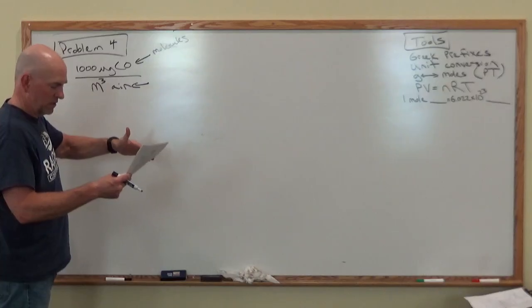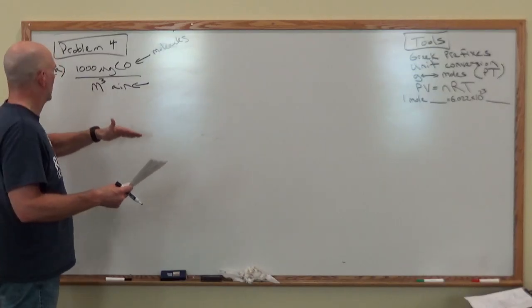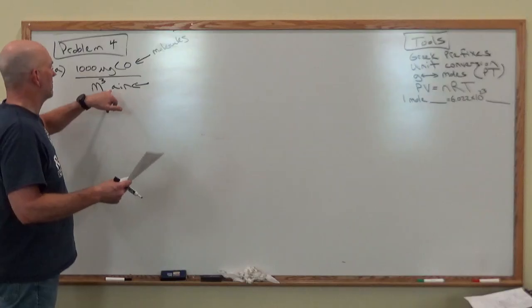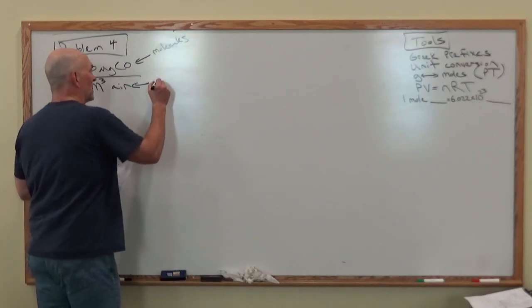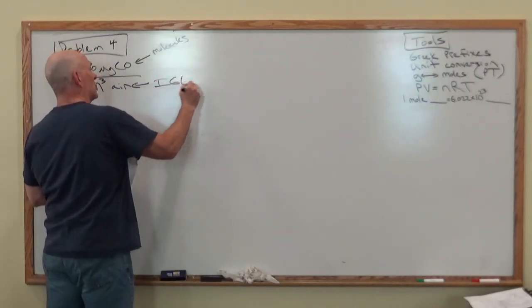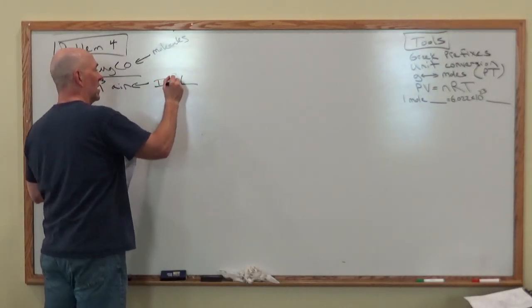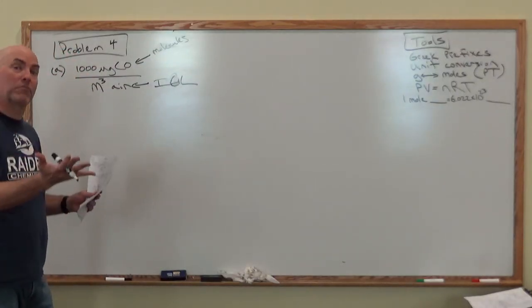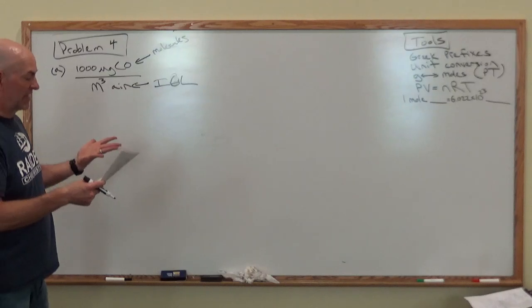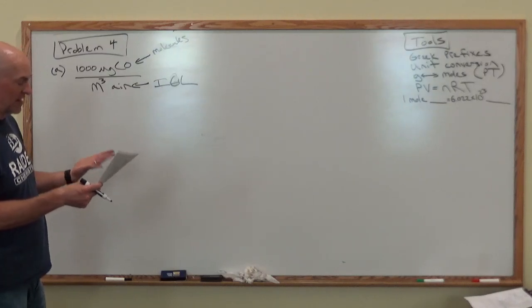So how do you go from a volume to molecules? Well, that's where you use the ideal gas law. IGL, ideal gas law. So we have to use 2 different procedures here, but it's the same basic idea. So let's just set this up and crank through it.